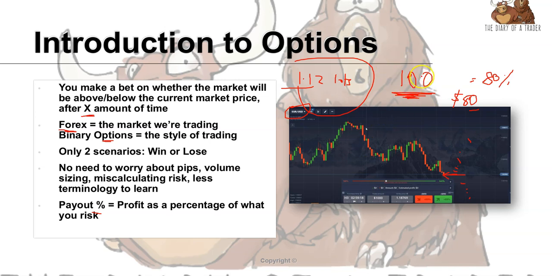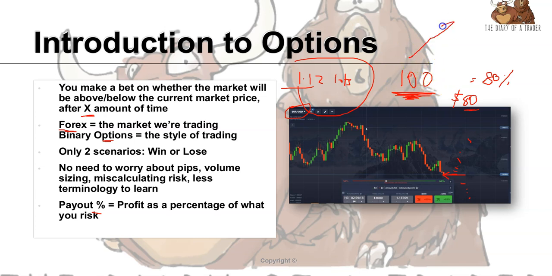So in Forex, the time can be unlimited, and in options, it is limited. And you're also limited by the amount that you've risked and the amount that you win in options. And in Forex, there is no real limit.